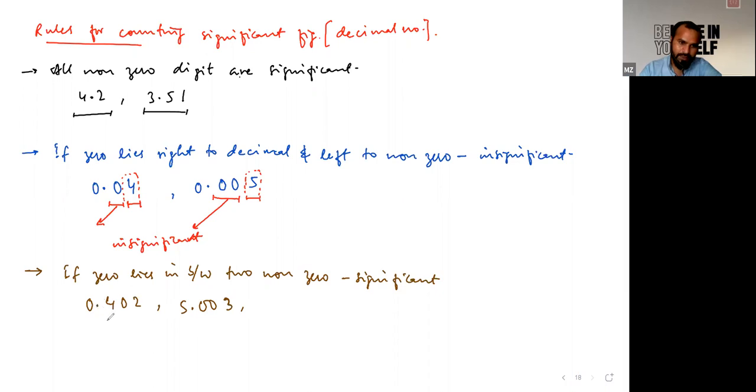In this particular term, we have two non-zero digits and there is a zero in between, so all three would be significant. Similarly, we have two non-zero digits and there is a zero in between. So this zero and this zero in between any two non-zero digits are significant.